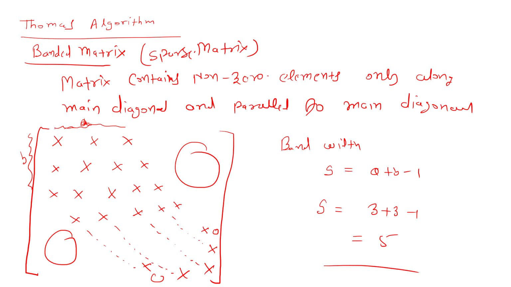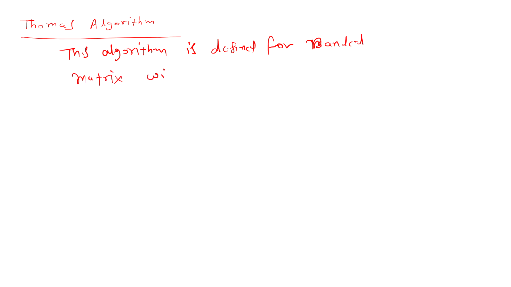Now Thomas algorithm is defined for banded matrix with bandwidth of 3, and that type of matrix is called tridiagonal matrix.